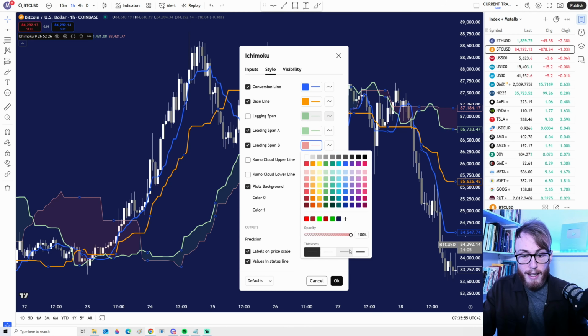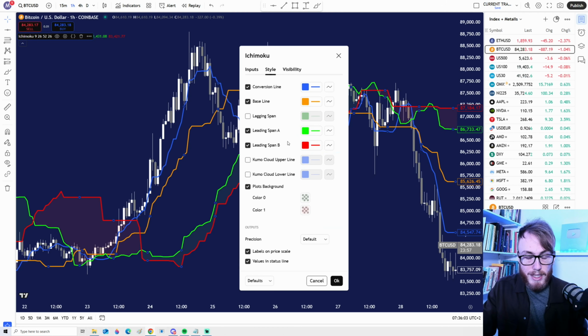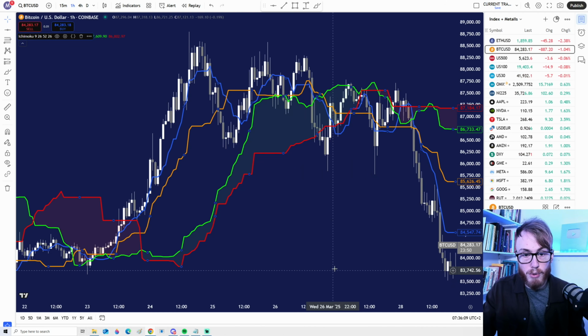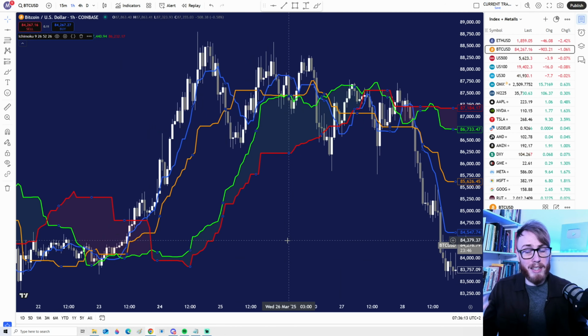I'm also making the span B a bit thicker. And to make it even more clear, I'm going to choose a brighter red and a brighter green here, so we can see all components very clearly. Now we are ready to go down here and press OK. And hopefully you can already notice that the chart looks, at least in my opinion, a bit more clear. We can see all the lines very clearly.